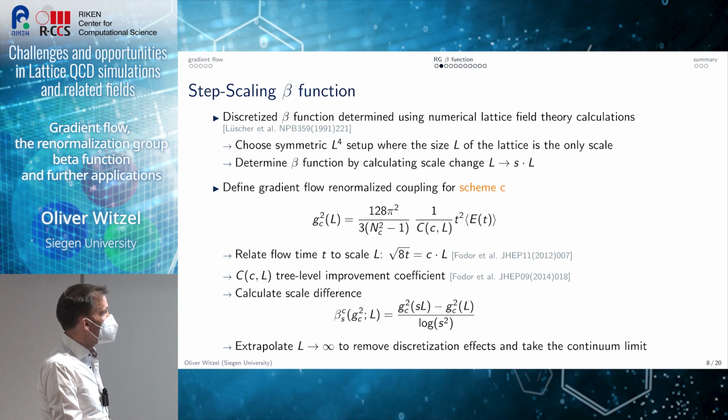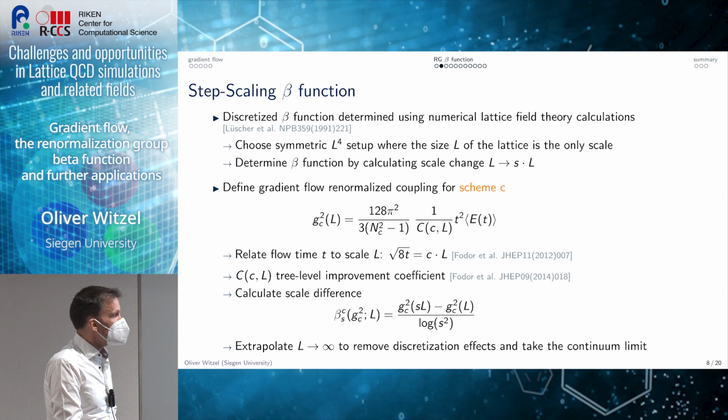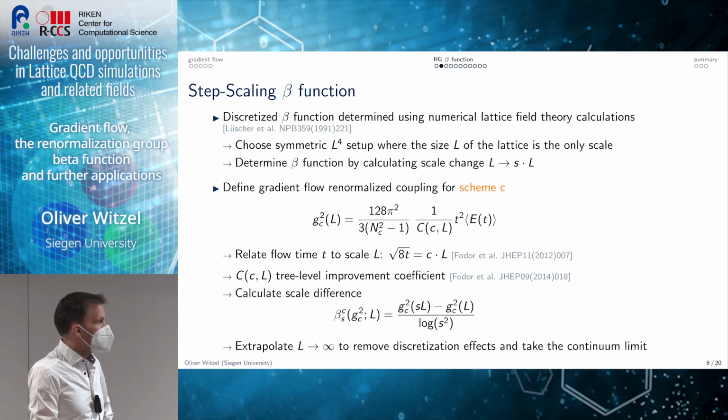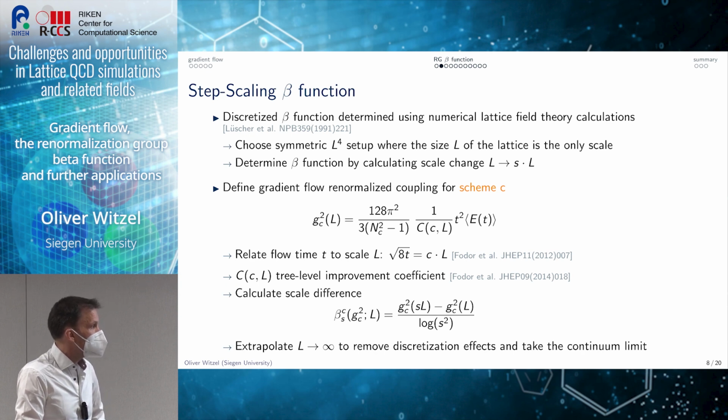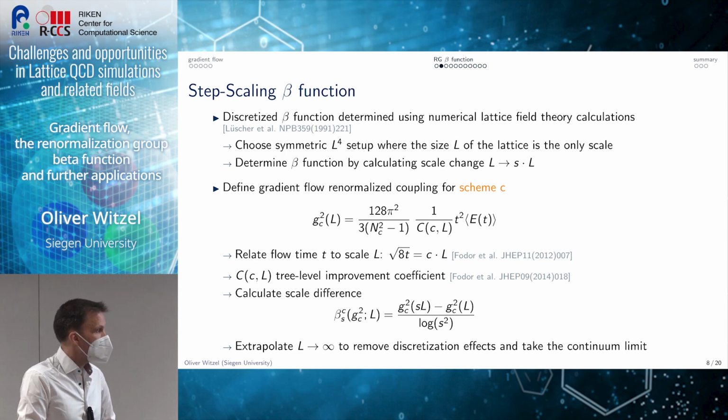I introduced a scheme parameter c, and with this relation, square root of 8t is related to c times the size of the volume L. You then have a way to define a renormalized coupling in a certain scheme. From that, we can then calculate the scale difference between the coupling on the scaled volume s times L and the volume L, normalized by the log of the scale change.